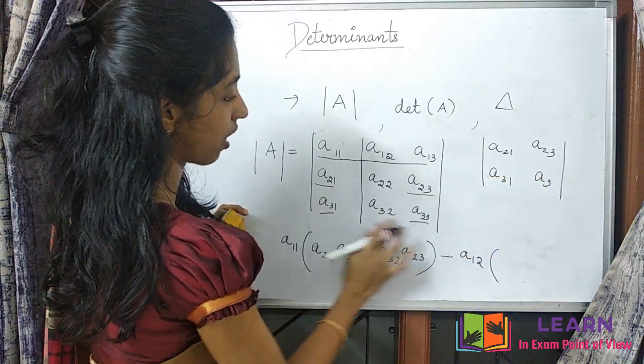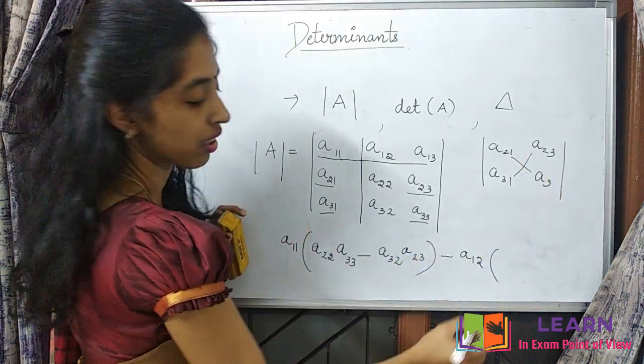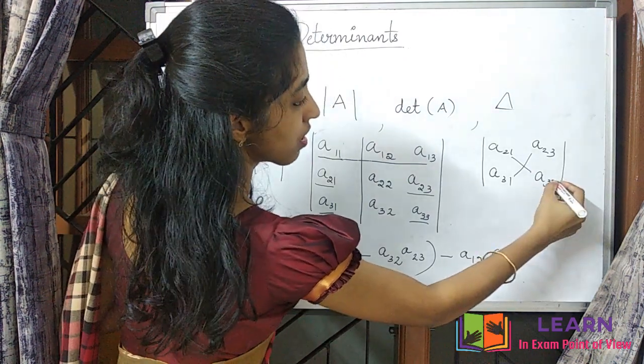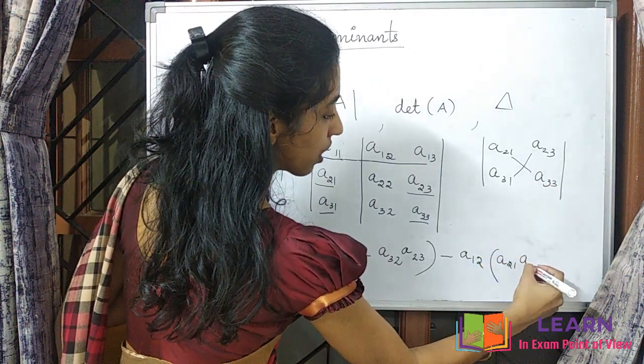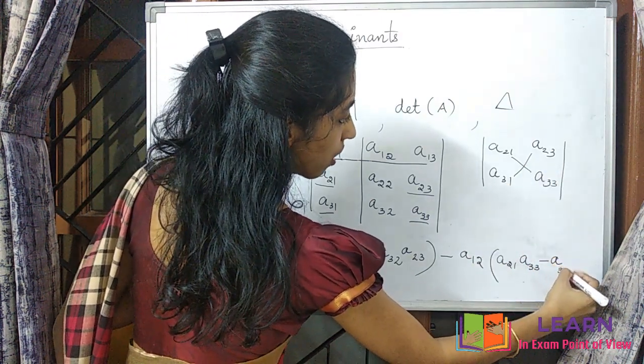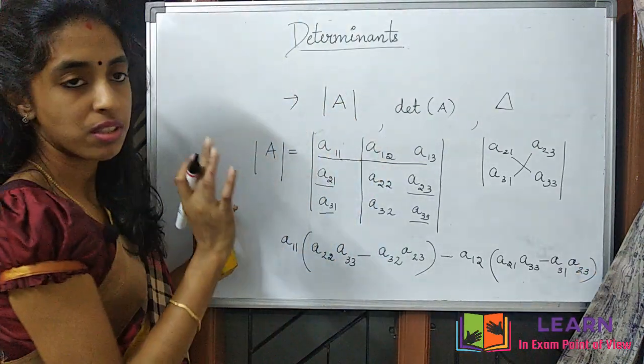Then similarly cross multiply. Then we will get A21 into A33 minus we have this into this, A31, A23. That is for the second element.